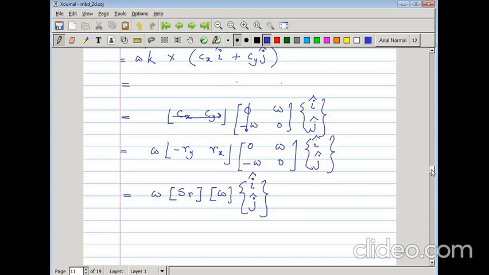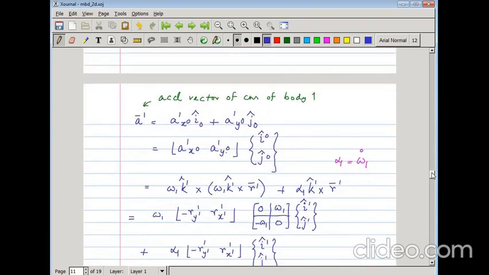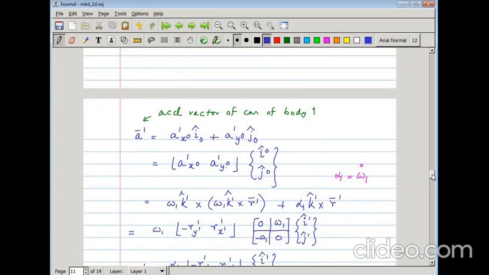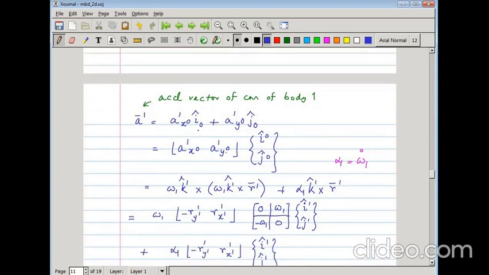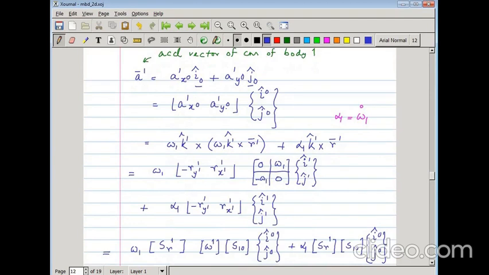So now see, if you try to find out the center of mass acceleration of body 1 with respect to the inertial frame unit vectors, then this can be written as this. Now this is omega cross R for body 1 and alpha cross R for body 1. So see here there are double cross products.